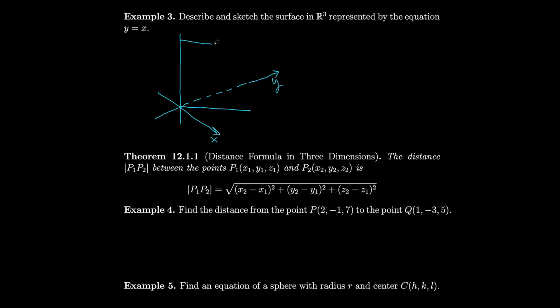So it's really this plane over here. And here's the z-axis. And we have our plane y equals x. So that means that instead of writing x, y, z, I could write x, x, z, because y is equal to x. So it's all of these points x, x, z, such that x is in R and z is in R.